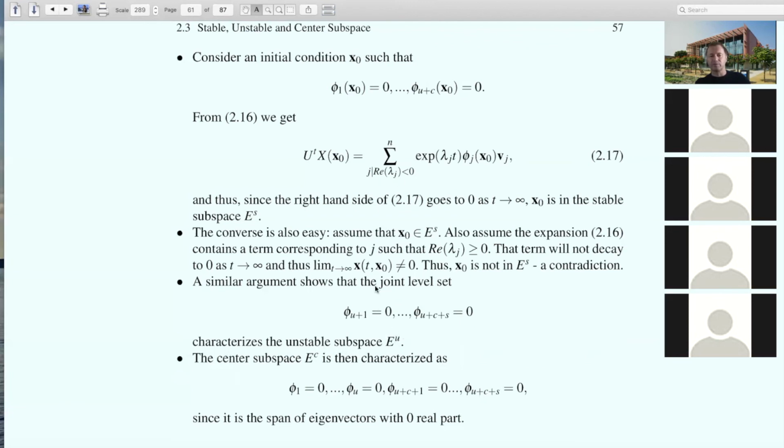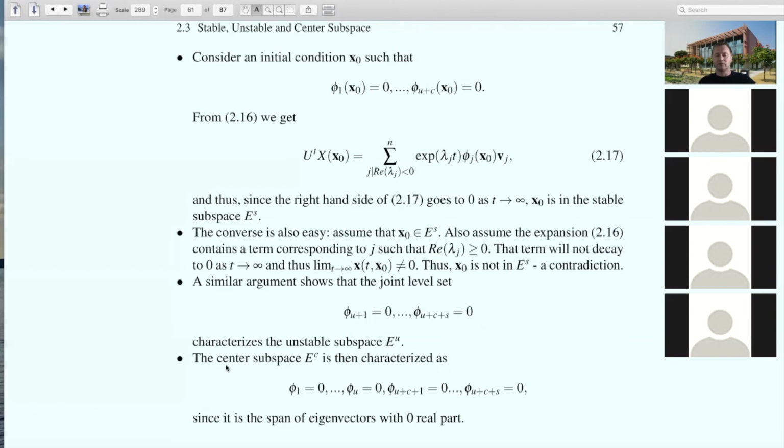The proof is pretty much the same, and we can proceed along the same line of ideas and say, okay, it seems like in order to find the subspace, we need to set all the eigenfunctions that don't belong to eigenvalues associated with that subspace to zero.